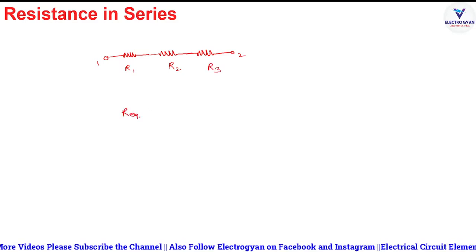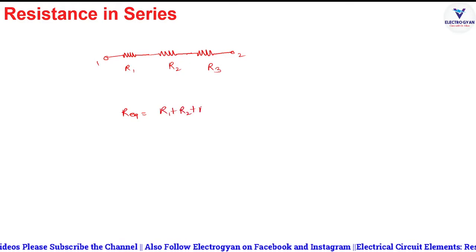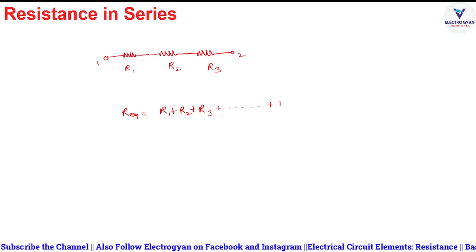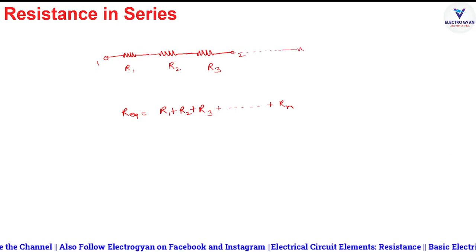Then the equivalent resistance will be R1 plus R2 plus R3, or if more resistances are connected, it will be R1 plus R2 and so on up to R10, if n resistances are connected in series.